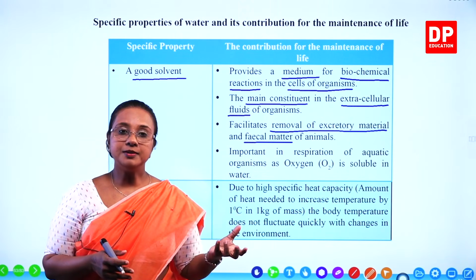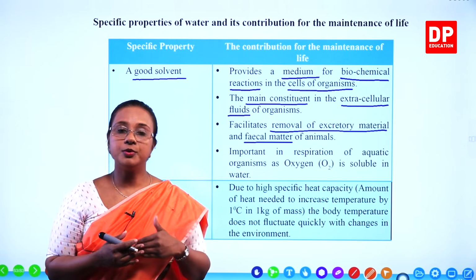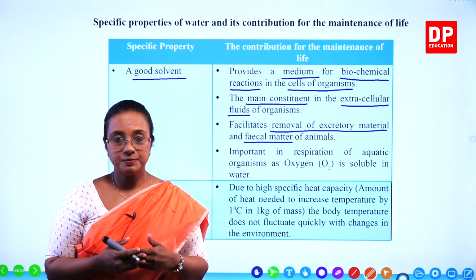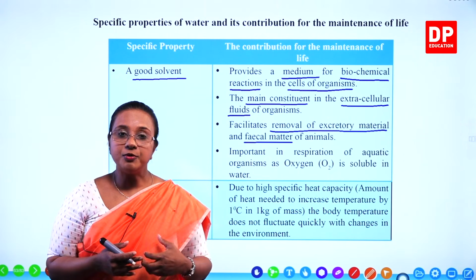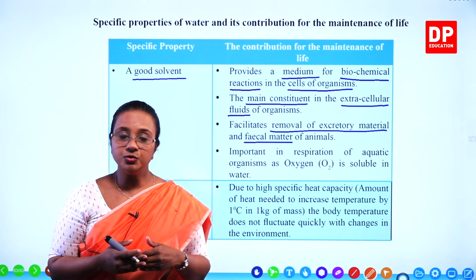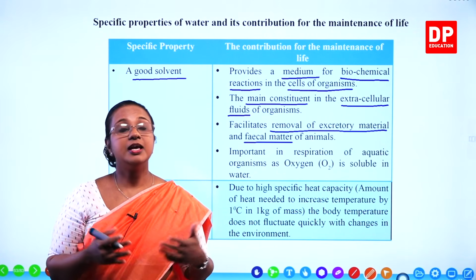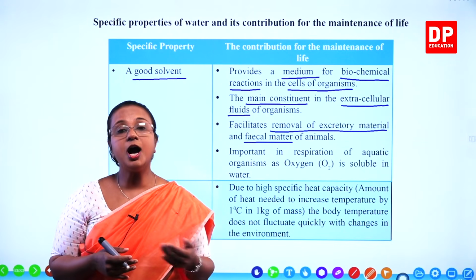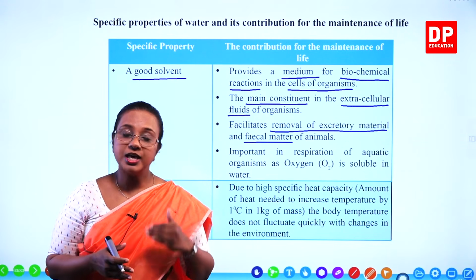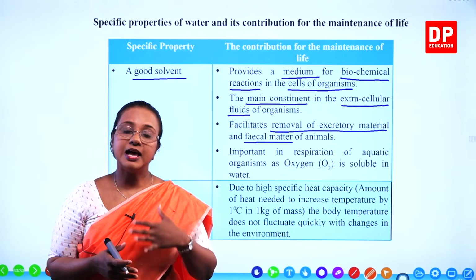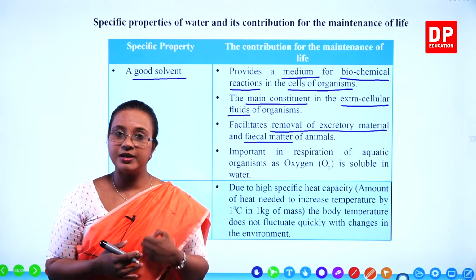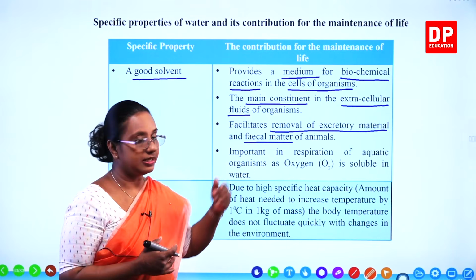For example, when we eat protein containing food, there is ammonia produced. So, this ammonia, which is converted to urea or uric acid, is not useful for the body. It can become harmful at times. Therefore, this material has to be excreted from the body, and that is called an excretory material.